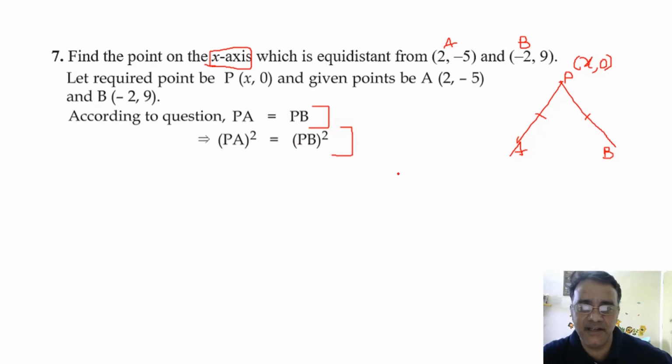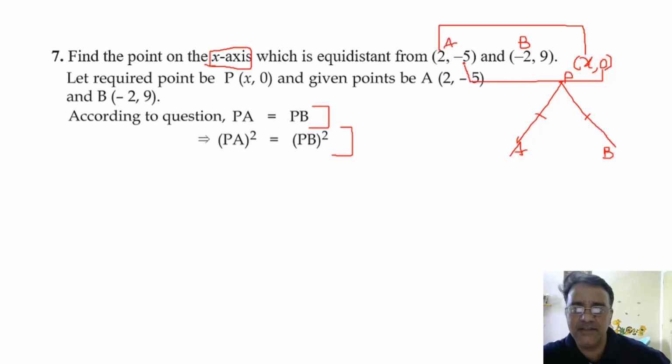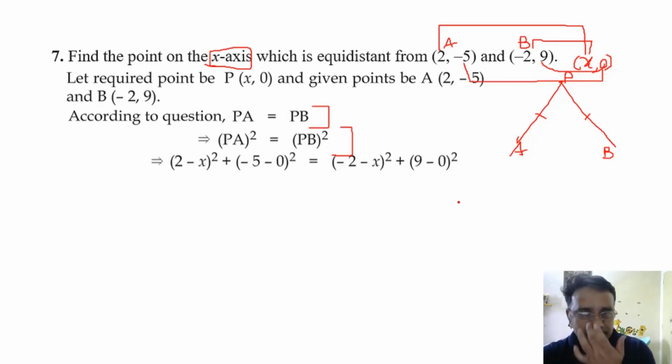Whether this part is clear? Yes, sir. Okay, now see PA, x minus 2 whole square plus 0 minus of -5, that is plus 5 whole square. This is PA. And PB, x minus 2 whole square plus 0 minus 9 whole square.